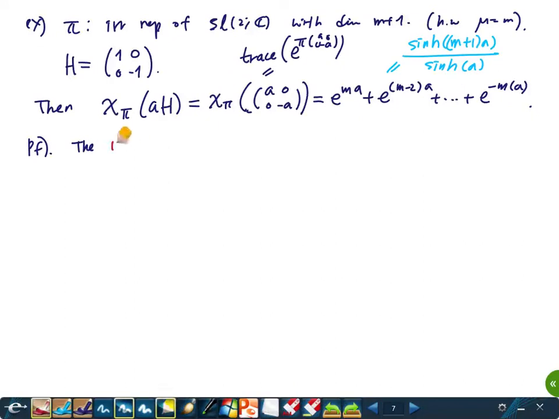So what are the weights? The weights of pi, we know that these are m, m minus 2, ... minus m. It decreases by 2, etc. And each of these has weight multiplicity 1.